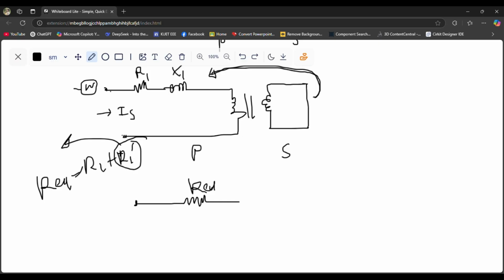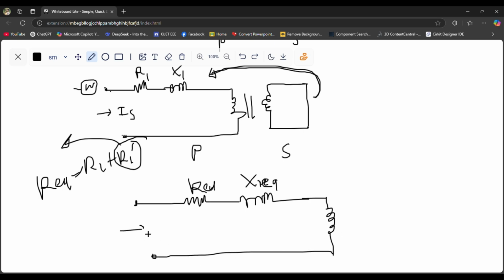That's it, I hope you can understand that. The same thing will be done for the reactance. Let's say X equivalent, because we have to consider the secondary side reactance also. Then we can simplify the circuit like this.